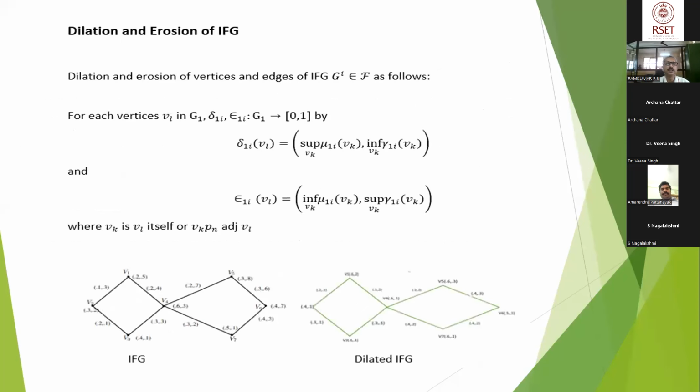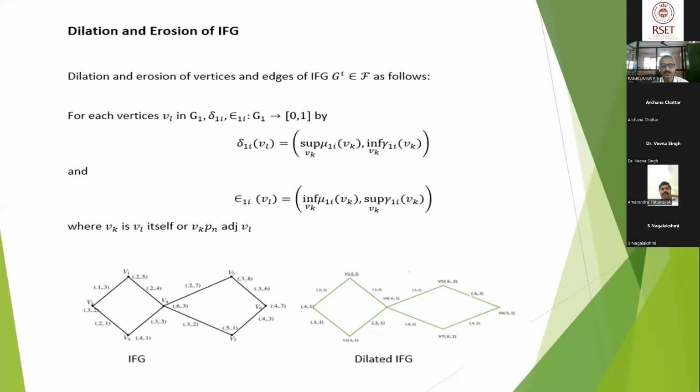Now we can define the dilation and erosion of an indulgency fuzzy graph. When you consider the vertex V1, you take the supremum of the membership functions of the adjacent vertices, which gives the membership function of the dilation of the vertex V1.